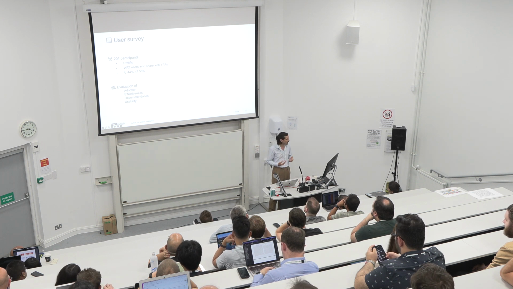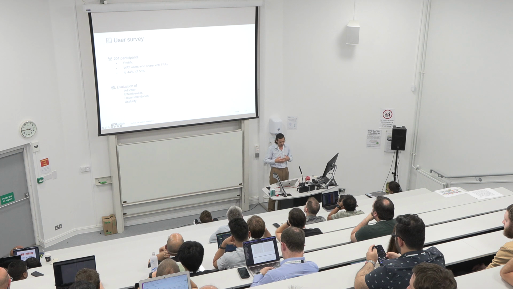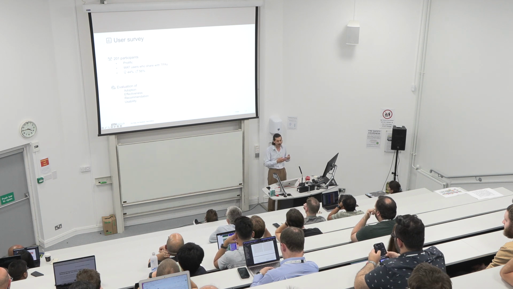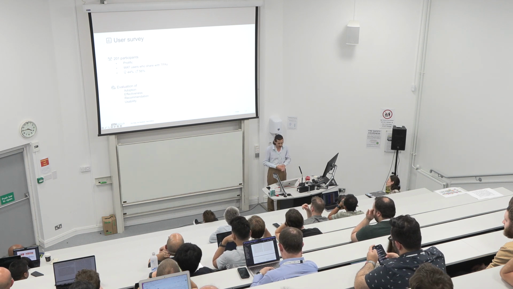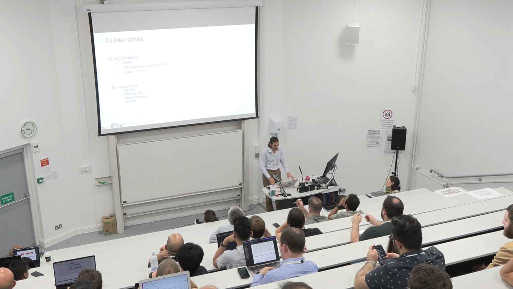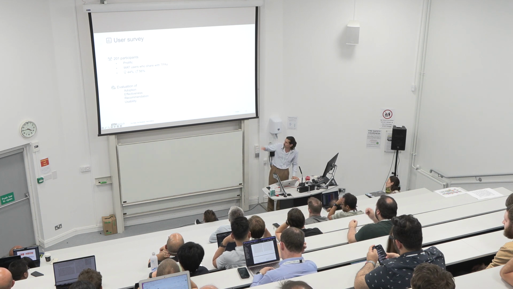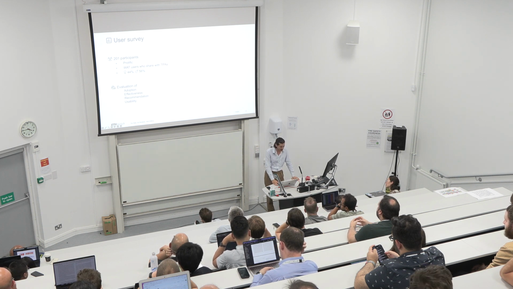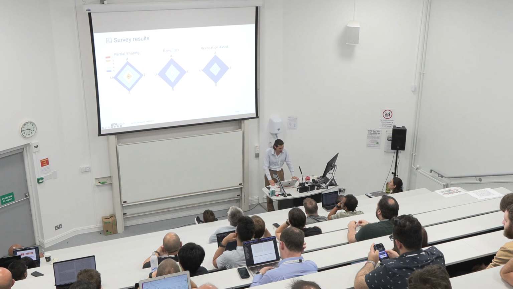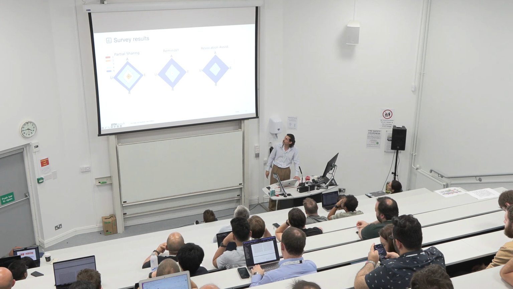And to do that, we simply showed them a survey, described every feature that I just described to you, and showed them some mockups. And then we asked them to evaluate those criteria on a 5-level Likert scale, and here are the results.